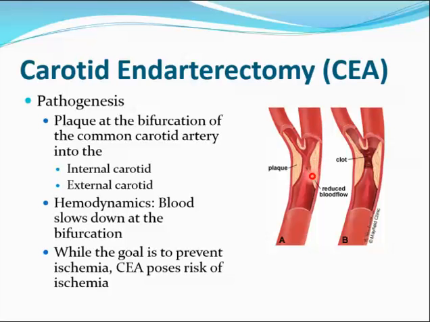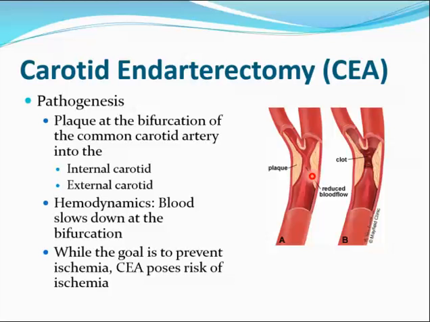We know from our previous lecture that we have four main arteries that supply blood to the brain. We have two carotid arteries, two internal carotid arteries, one on each side, left and right.